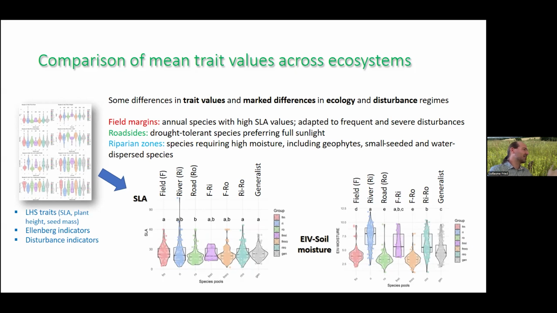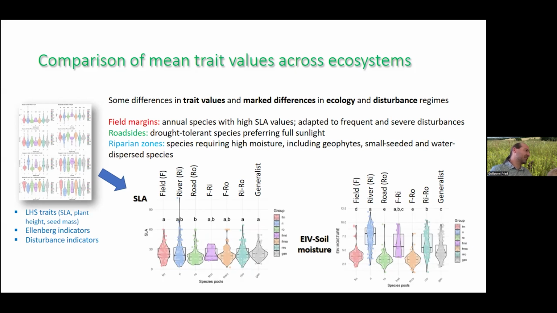In summary, in field margin, you have more annual species with high SLA value, which is very consistent with this more productive habitat, very frequently disturbed by farming practices. And so the species also have a high indicator value for the frequency and the severity of disturbances.